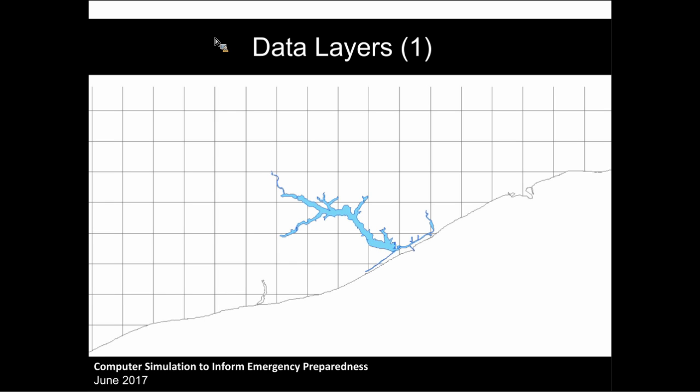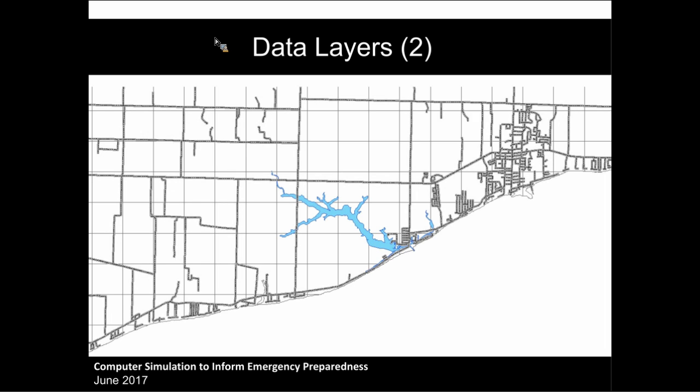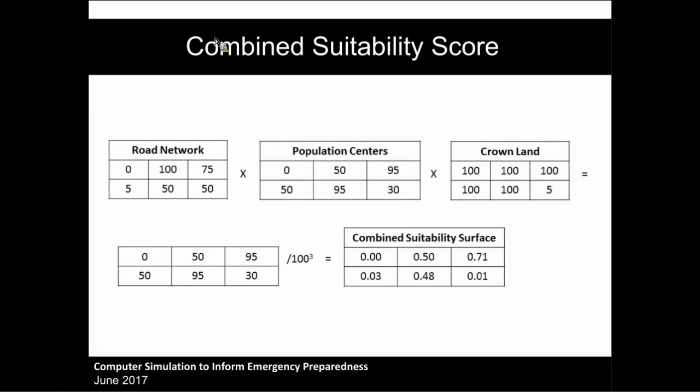In this figure, you see a river. On top of that, we added the road networks. Once we have this information, we ask how far a cell is from a river, a road, or a population center, and then calculated the distance.